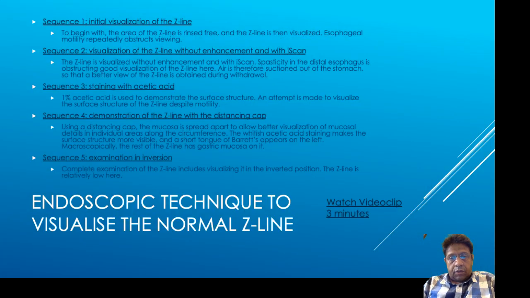Video is complete. So just to run through what you saw, there was initial visualization of the Z line. It's rinsed free with just a wash, saline or sterile water, and esophageal motility repeatedly obstructs the viewing.